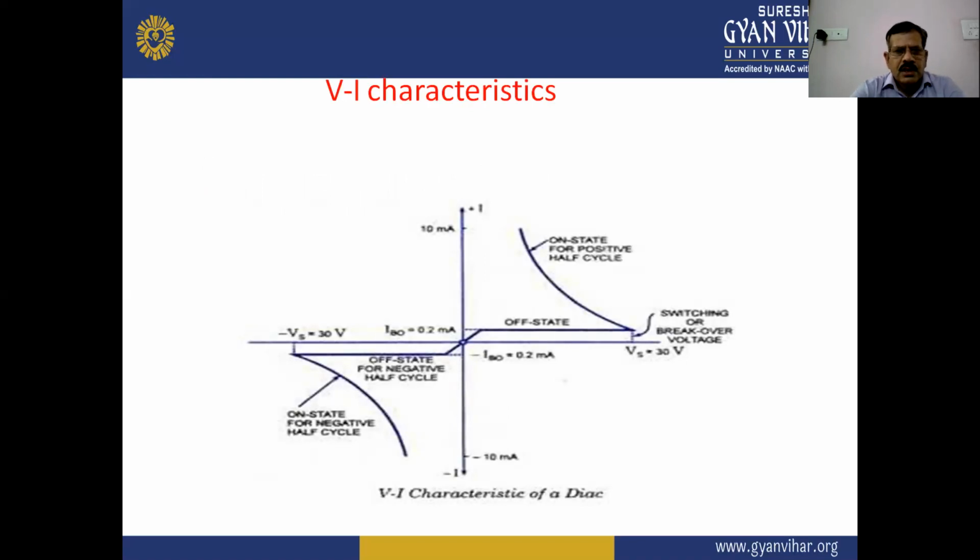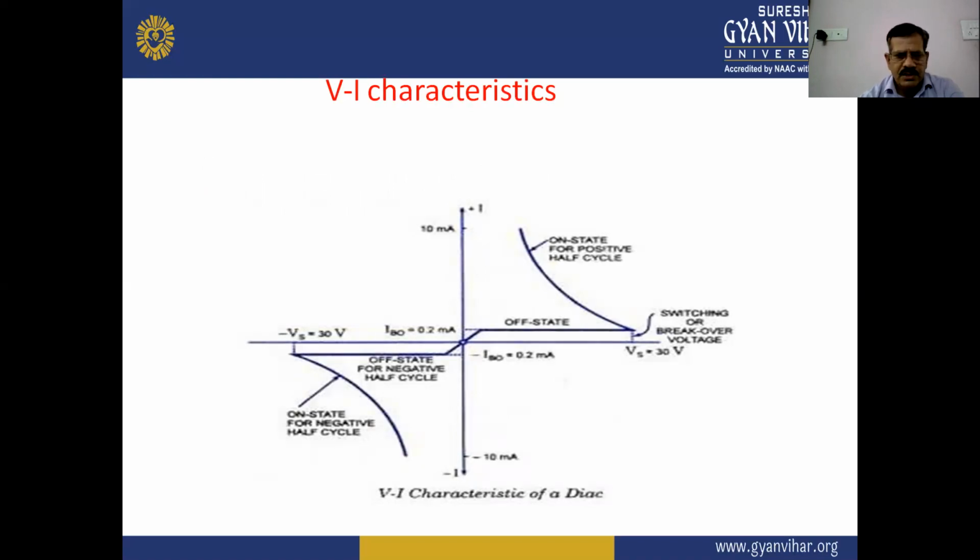So these are the VI characteristics, or graph between current versus voltage, of the diac device.